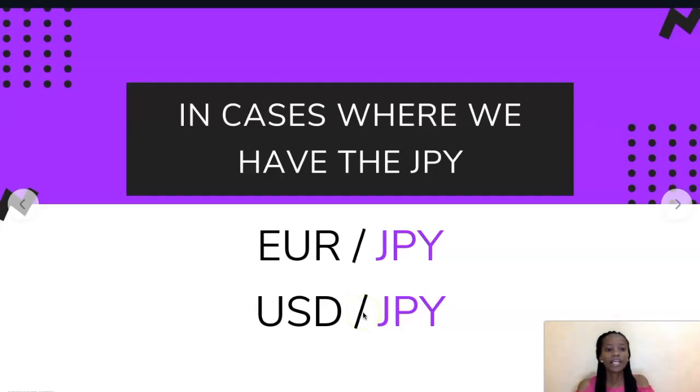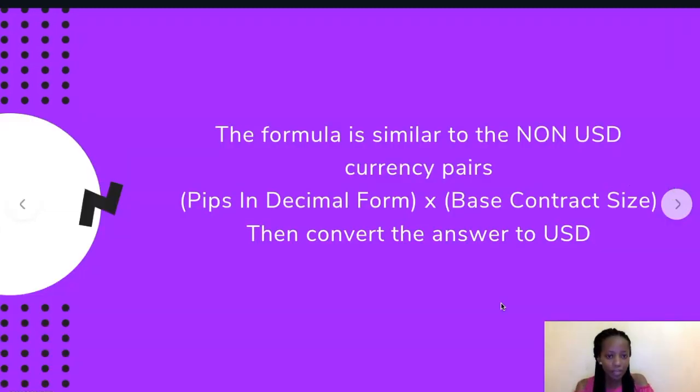So when you're calculating currencies with the yen, an example with the Euro Japanese yen and the USD Japanese yen, the formula is similar to the non-USD currency pairs as we just previously saw. So the formula is the calculated pips in decimal form multiplied by the base contract, then convert the answer to USD.